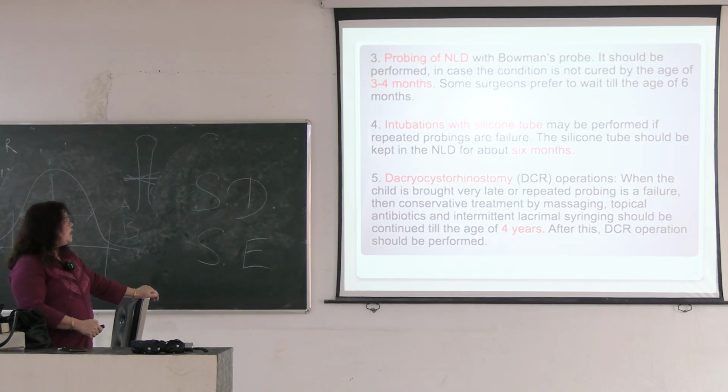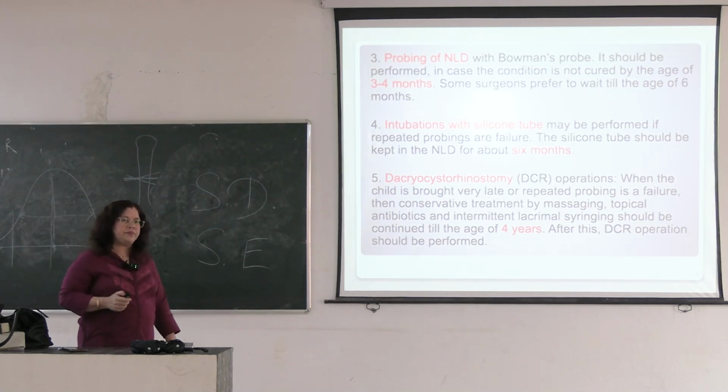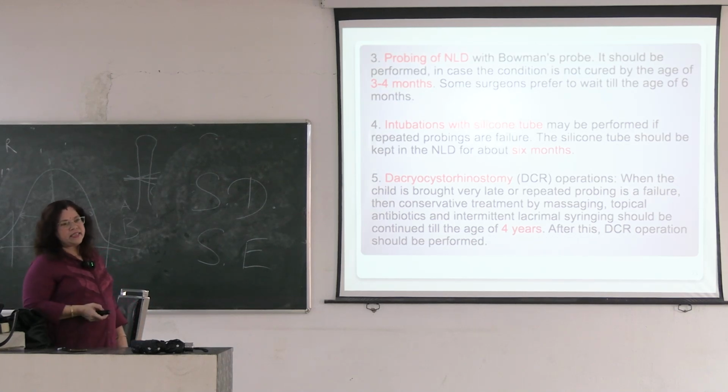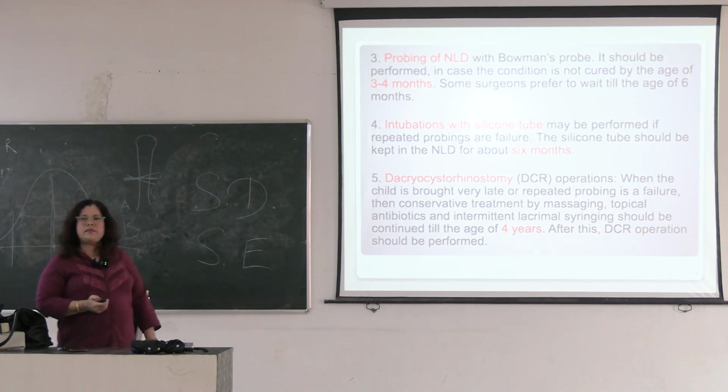And when the patient comes at a very late stage, then according to the condition of the sac, we perform two kinds of surgery, called dacryocystectomy and dacryocystorhinostomy. But usually in children we perform only in old ages, or when patients are suffering from an autoimmune disease or any disease like syphilis, leprosy or TB, in that case only dacryocystectomy.